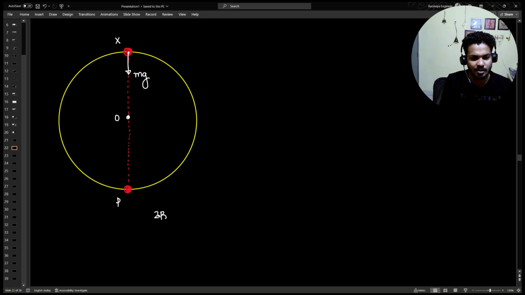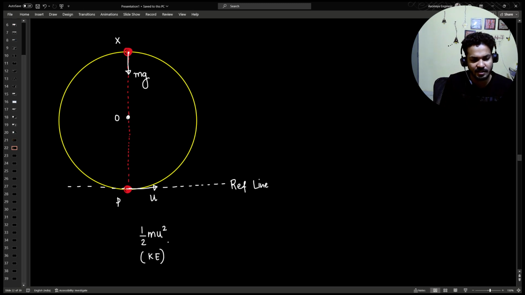2 times r. So they will say, whatever kinetic energy I give at the bottom, so let's say this body has u velocity at the bottom, so you're going to say, okay sir, half m u square is the kinetic energy at the bottom. Because I'm taking the origin of the potential energy here itself, this is the reference line for potential energy.